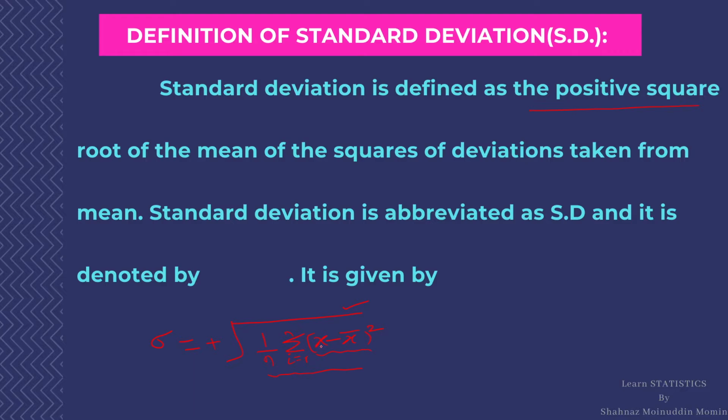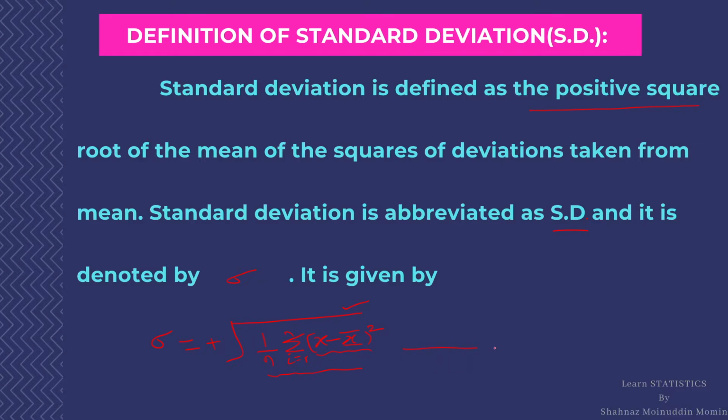This is the deviation x minus x bar, its square, taken from the arithmetic mean x bar. It is known as the standard deviation. So standard deviation is abbreviated by SD and it is denoted by sigma. Hence standard deviation sigma equals under root 1 upon n summation (x minus x bar) whole square.